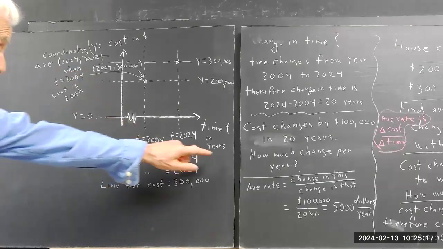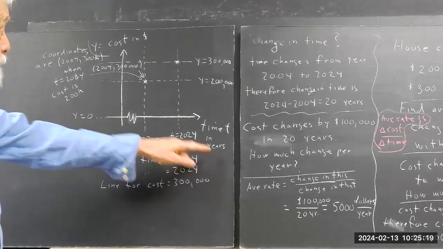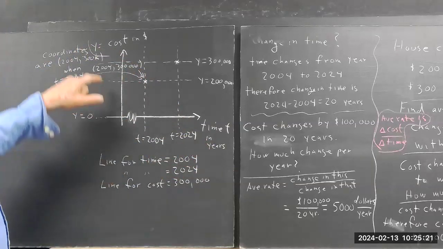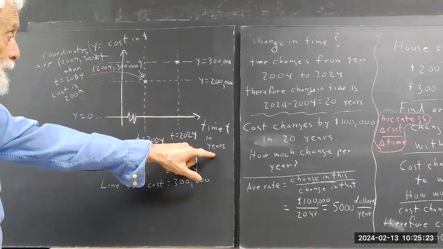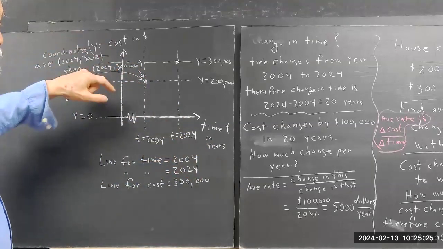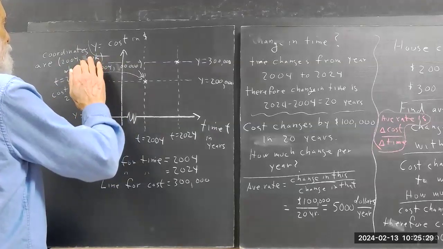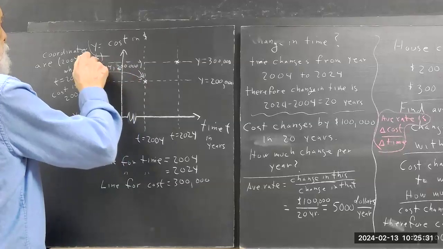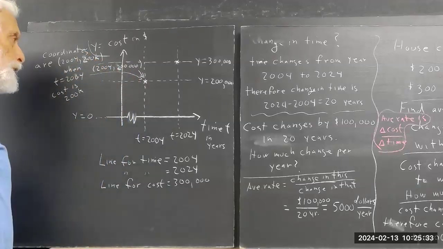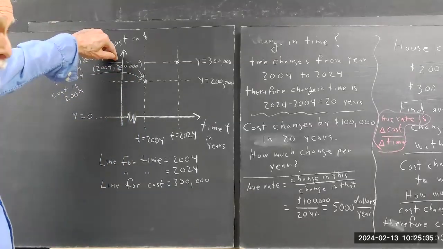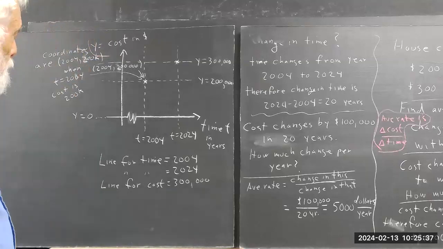Understanding, and we understand it because we've labeled it on the axes, that this is T in years and this is cost in dollars. And of course, it's not 300,000, it's 200,000. I haven't lost my mind, I'm just imitating. Okay, so let's correct that.